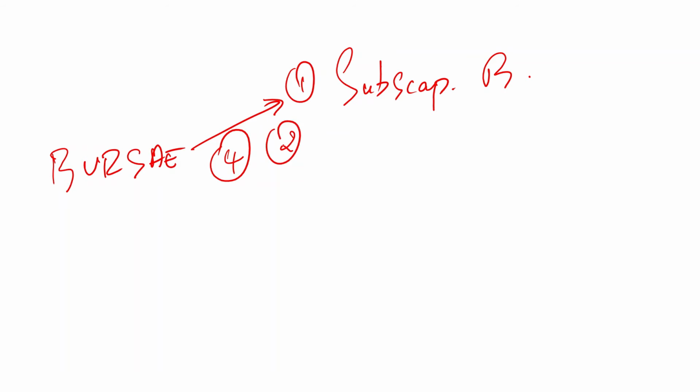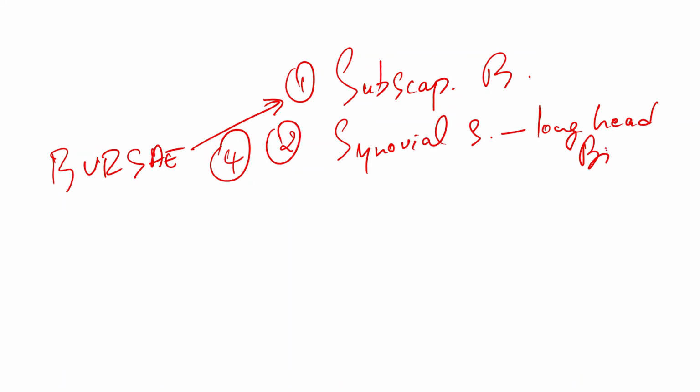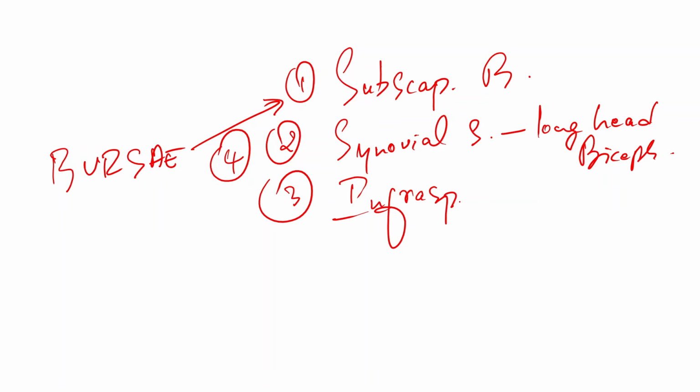The second is the synovial sheath along the long head of the biceps tendon. The third is the infraspinatus bursa. The fourth and the biggest one is the subacromial bursa.